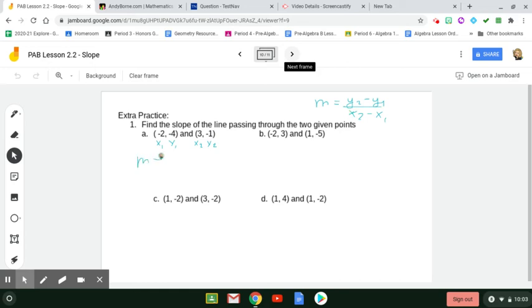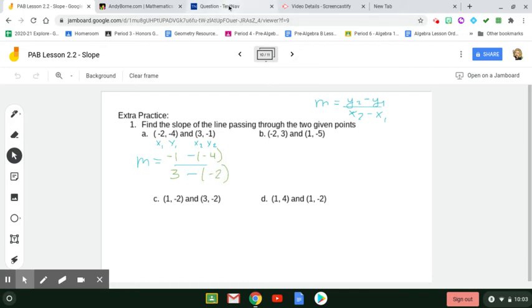Automatically make the fraction bar, put a minus sign up top, minus sign on the bottom. Okay, start plugging in. So y sub 2 is -1, y sub 1 is -4, x sub 2 is 3, x sub 1 is -2.